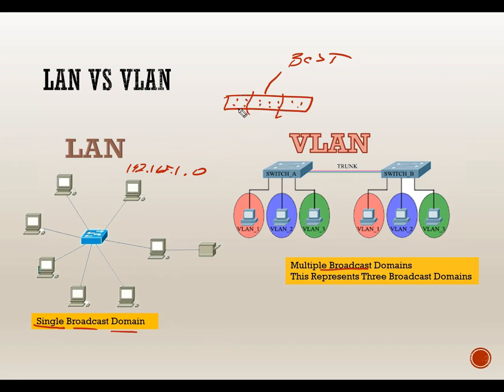If we want to communicate between, we'll call these 1, 2, and 3, different broadcast domains, different networks, we have to have a router to allow that to happen. And we'll configure one a little bit later in order to do that.